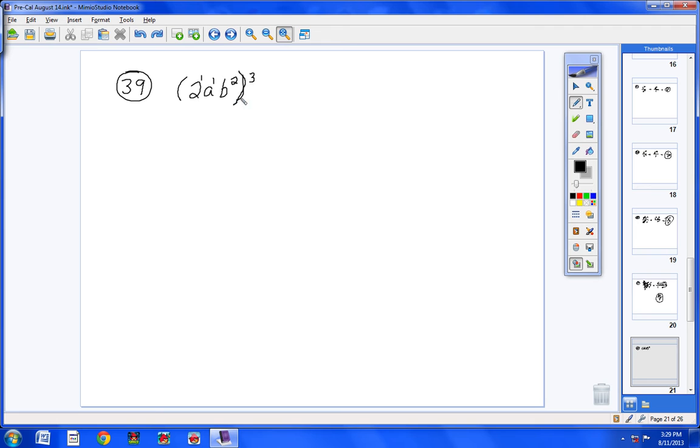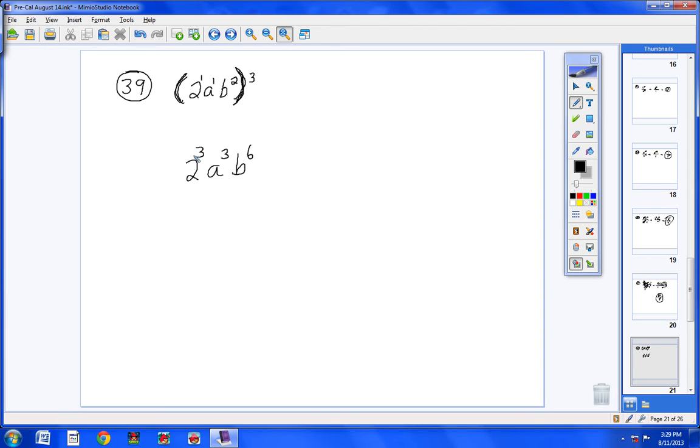We have an exponent of 3 on the outside of the parentheses. So we're going to take this 3 and multiply it through times all of the exponents. Okay? So let's see what happens. 3 times 1 is 3, so I have a 3 here. 3 times 1 is 3, so I have a 3 here. And 3 times 2 is 6, so I have a 6 here.